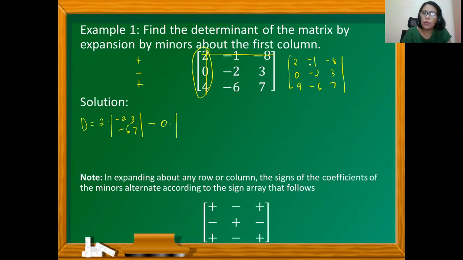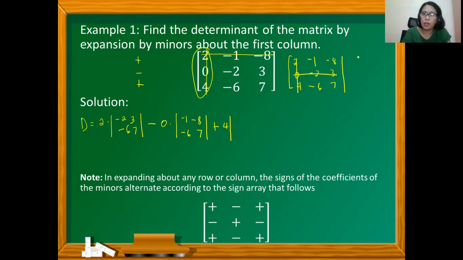And then we will remove the second row as well as the first column where 0 is located. So there remain four elements which belong to a 2 by 2 matrix. And we have negative 1, negative 8, negative 6, 7. And then finally plus the third element, 4, times its minor.